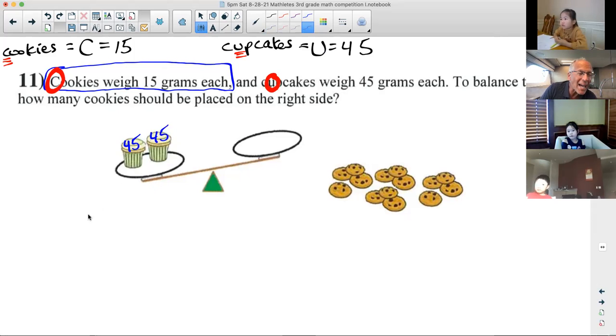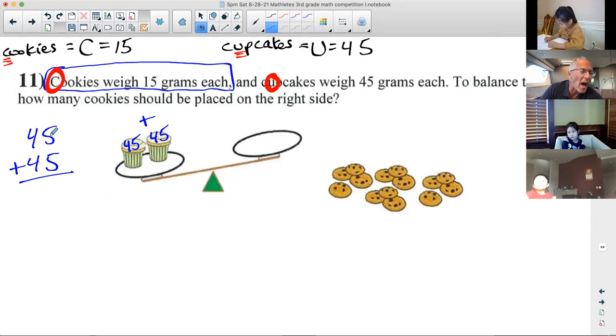So you could actually say that 45 plus 45 is the amount of grams on the left side of the scale. Now, who knows what 45 plus 45 is? Write that down, please.